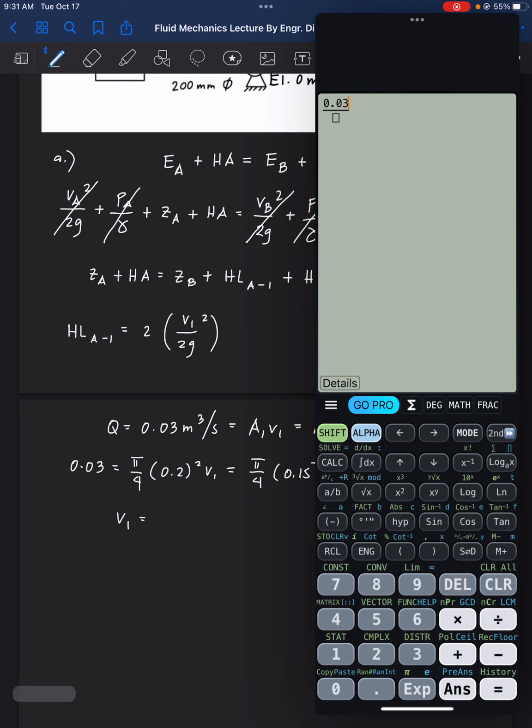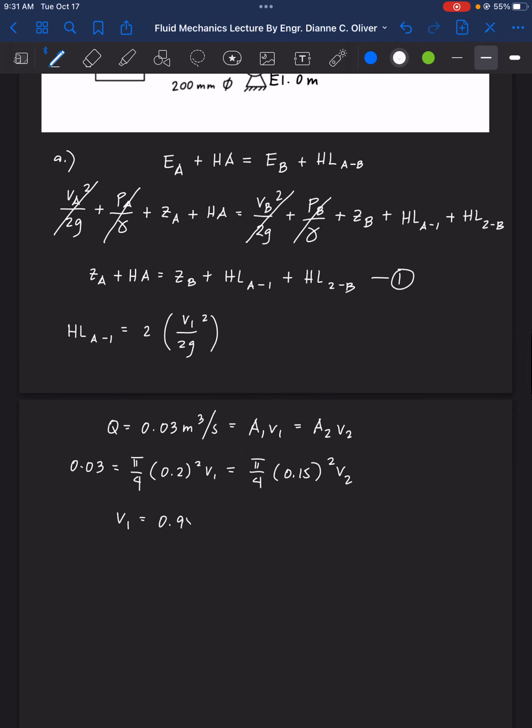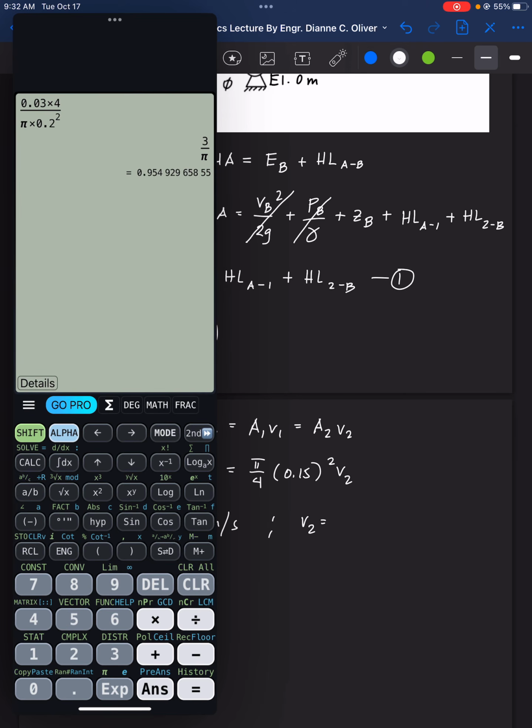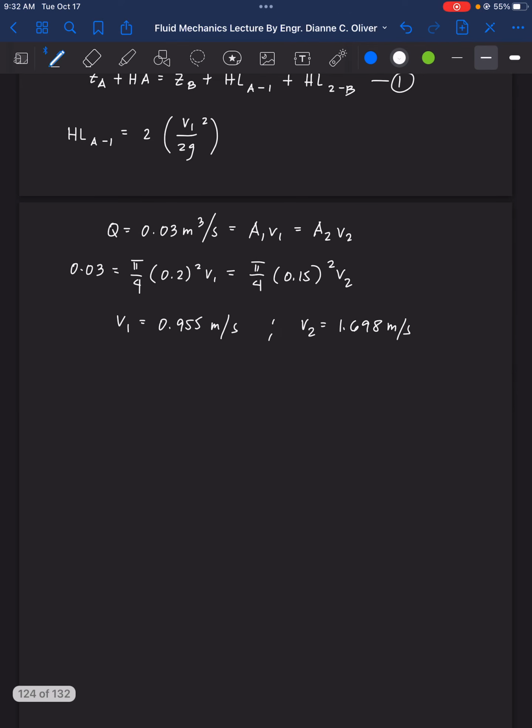So 0.03 times 4 all over pi times 0.2 squared, that is 0.955 meter per second. Whereas V2 is equal to 1.698 meter per second.